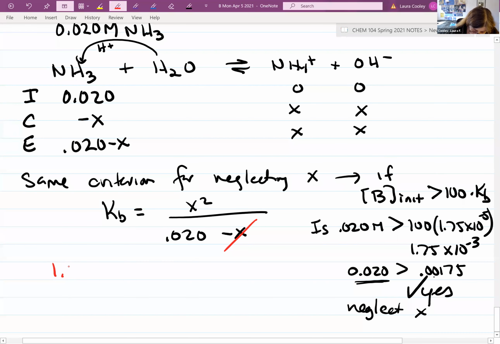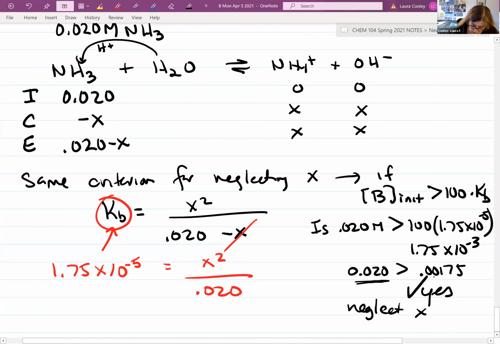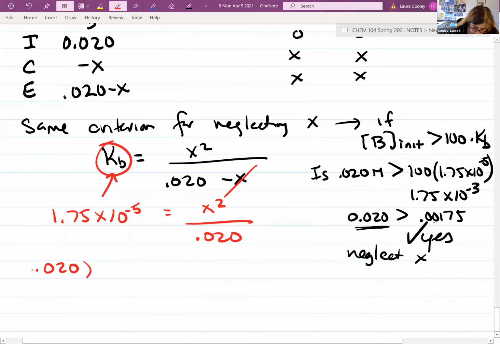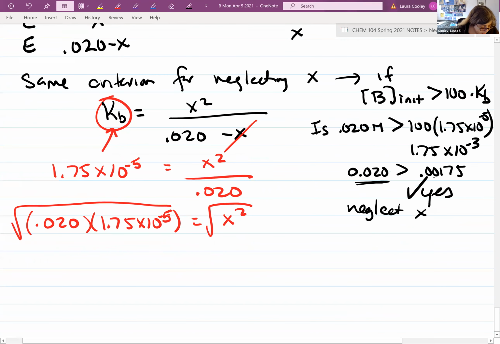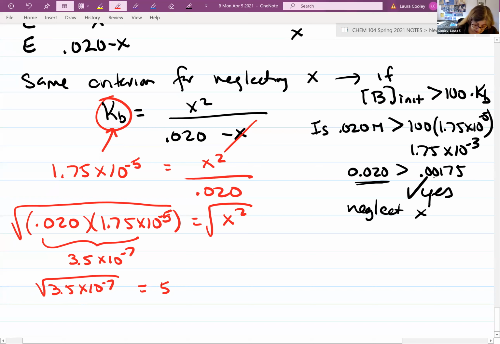And I have 1.75 times 10 to the negative fifth, that's the Kb, is x squared over 0.020. So 0.020 multiplied by the Kb is x squared. So I just have to take the square root of both of these. This comes out to 3.5 times 10 to the negative seventh. The square root of 3.5 times 10 to the negative seventh is 5.9 times 10 to the negative fourth, and that's x.